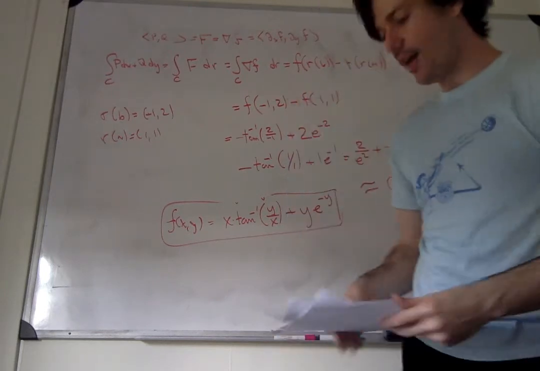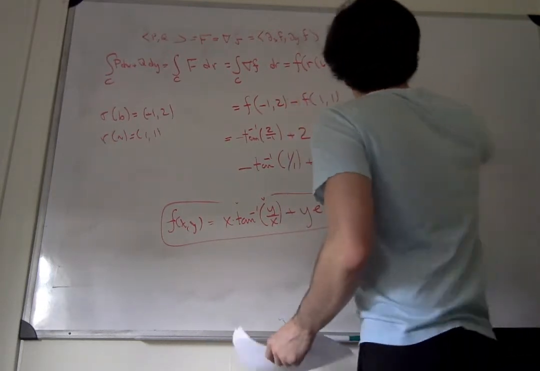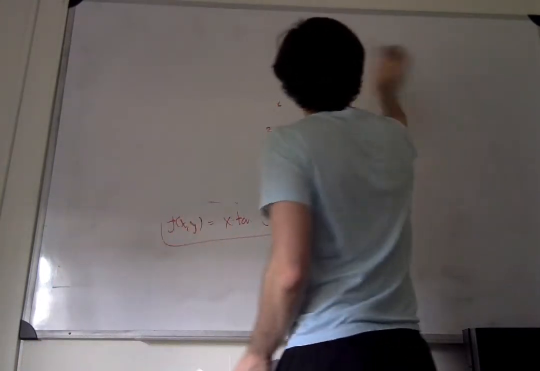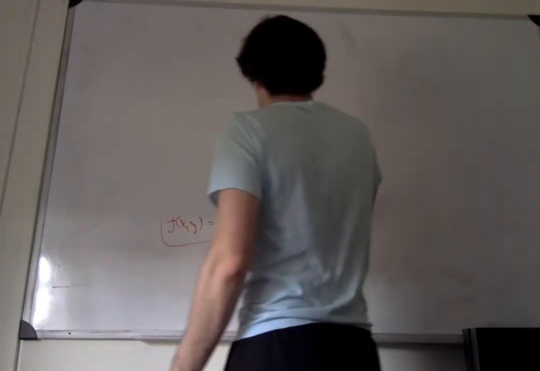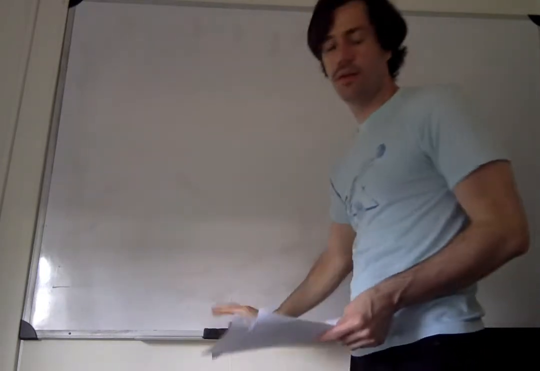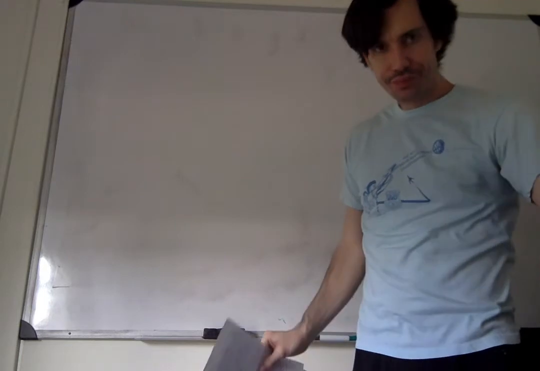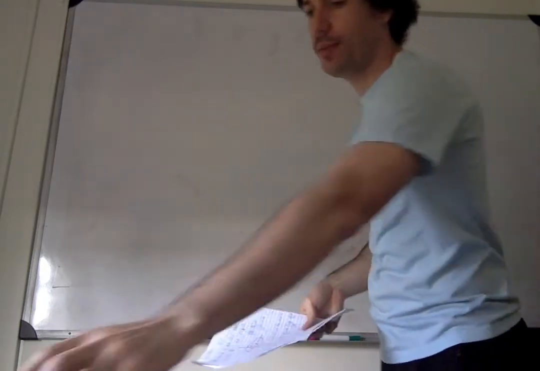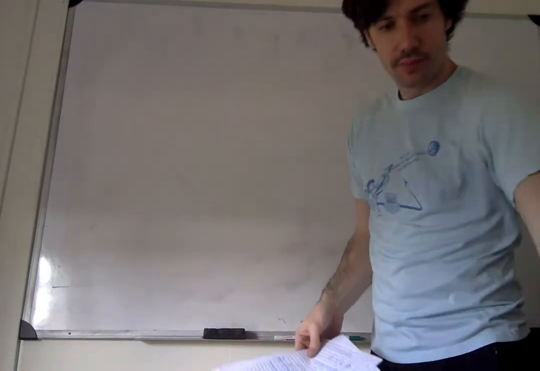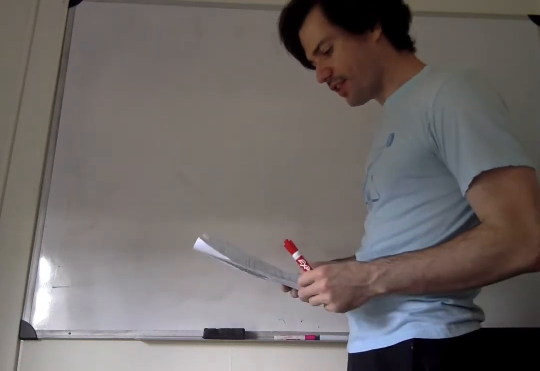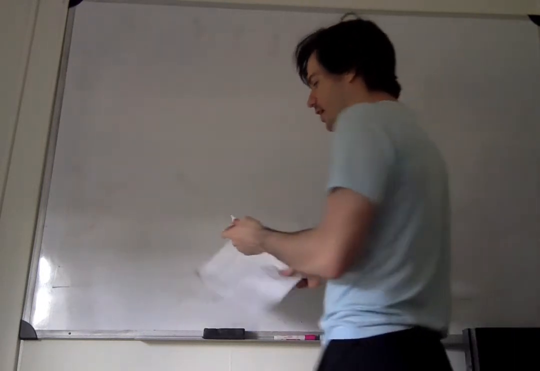Problem 5. Ooh. We're almost halfway, so let's keep going. Problem 5 says use Green's theorem to find the area.